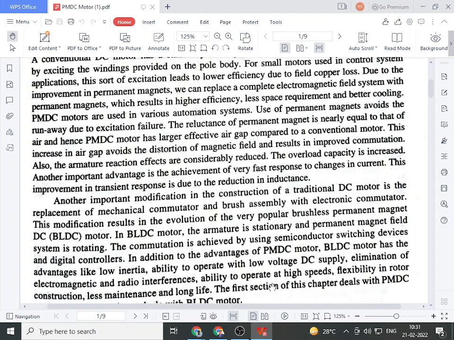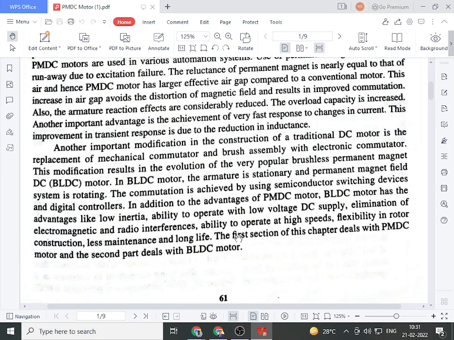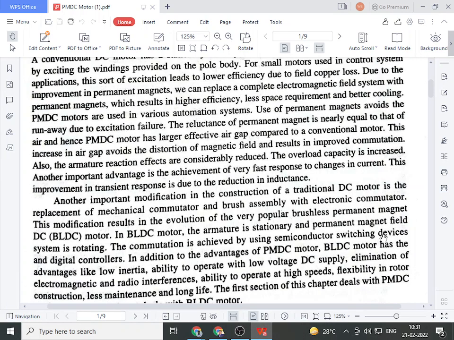Another change is in the commutator and brush arrangement. The second important modification in the construction of a traditional DC motor is the replacement of the mechanical commutator and brushes. The basic function of the commutator is to convert the alternating form of EMF which is induced inside the armature into direct form.